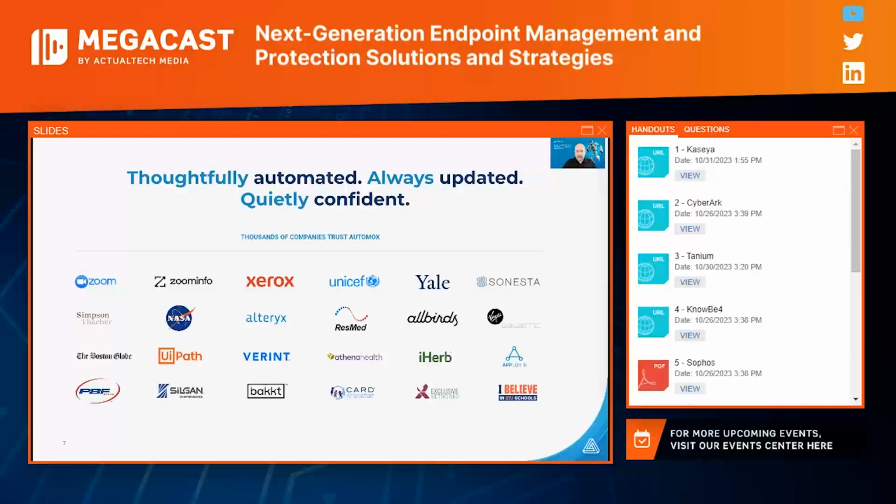Really, we have a very diverse customer set, and it's not only very fulfilling to be able to support all those different types of customers, but also to get the feedback from them on what they like and what they need and what they're looking for next to support a wide variety of use cases.